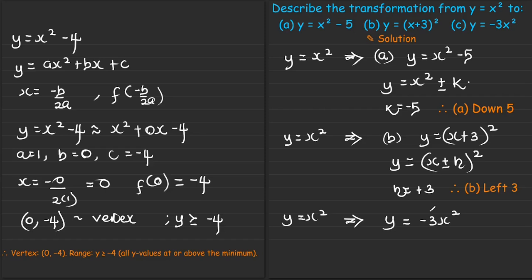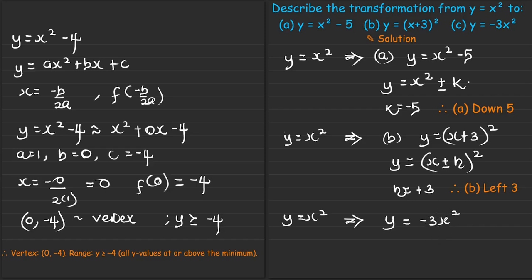When I illustrated that graphically, we saw it. If it is just a number, it shows how wide or compressed it is. But if it is a negative, then it is simply a reflection. So in this case, we have negative 3x squared. So for 3, we can say that it has been narrowed and reflected.